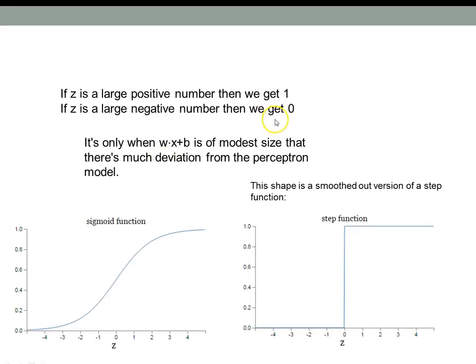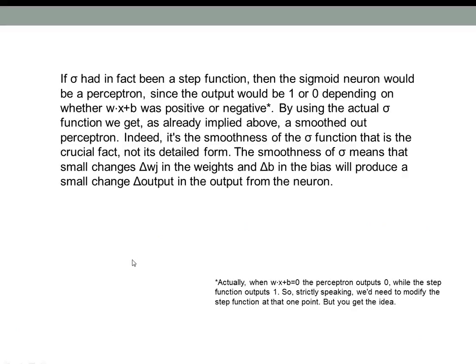And if z is large negative, we get 0. It's only when z, the input, is of modest size that there's much deviation from the perceptron model. The perceptron model just jumps, but this one is kind of smooth in this area. Okay, any questions?